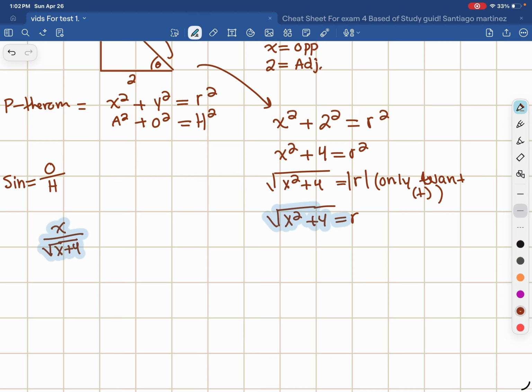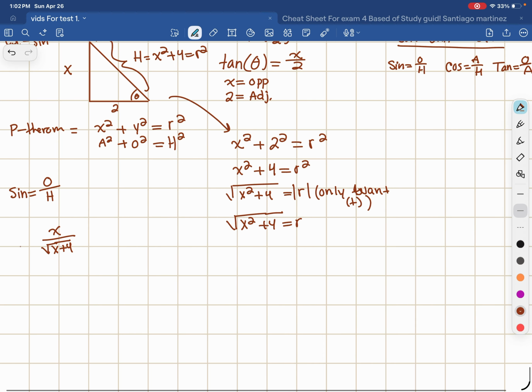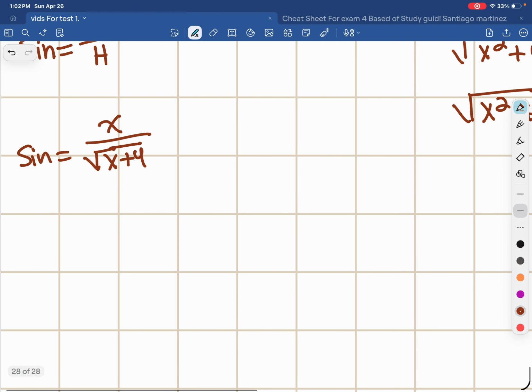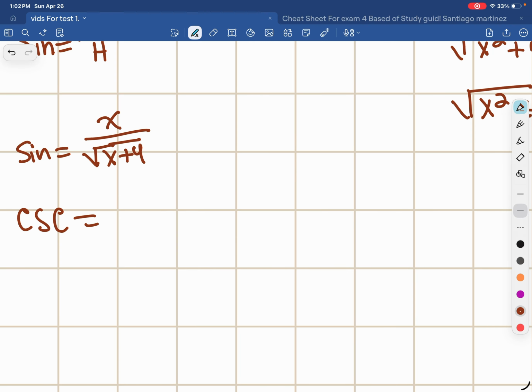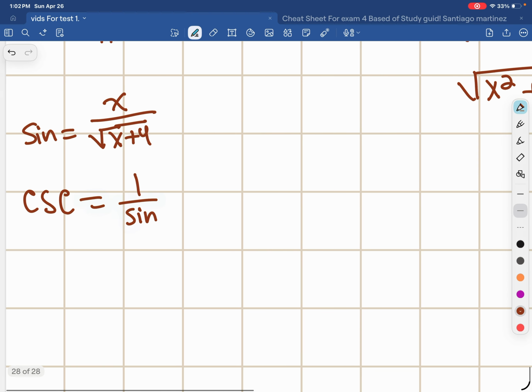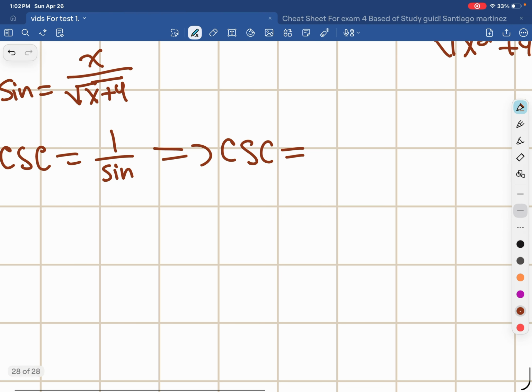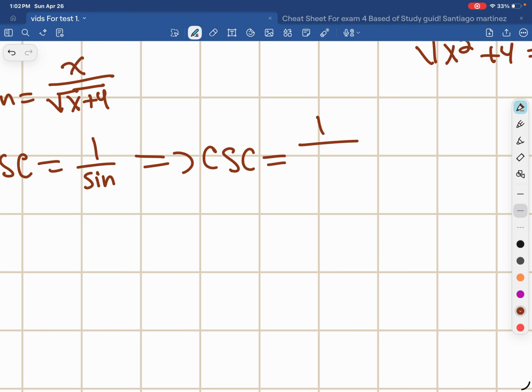Make sure we carry our root sign all the way over. If this was just sine, we would have to rationalize it, but since we're looking for CSC, which is 1 over sine, we can rewrite it as 1 over x over the root of x squared plus 4.